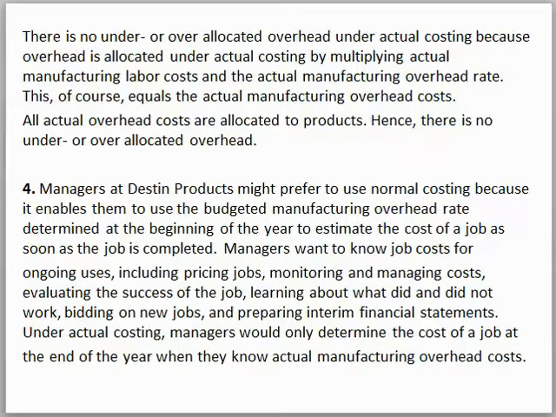Managers want to know job costs for ongoing uses, including pricing jobs, monitoring and managing costs, evaluating the success of the job, learning about what did and didn't work, bidding on new jobs, and preparing interim financial statements.